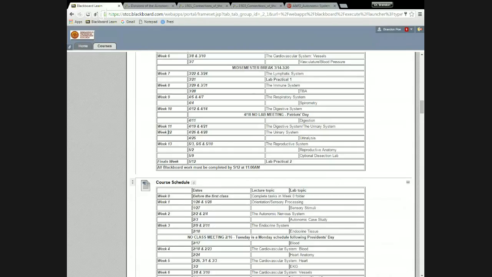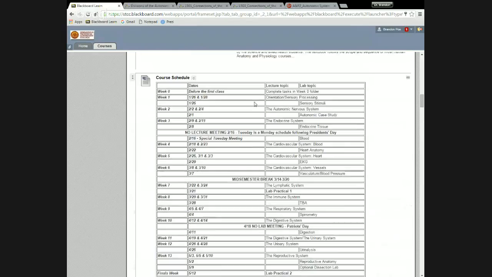So one schedule is based on the Monday lab, and the other schedule is based on the Wednesday lab. If you're trying to figure out which is which, it's just a matter of looking at the date for the lab meeting. So this is 1/25, which was first Monday, 2/1, which was this past Monday. So this is obviously the Monday schedule.